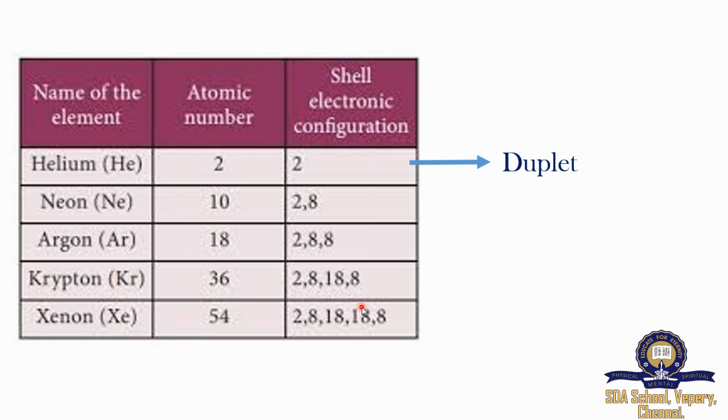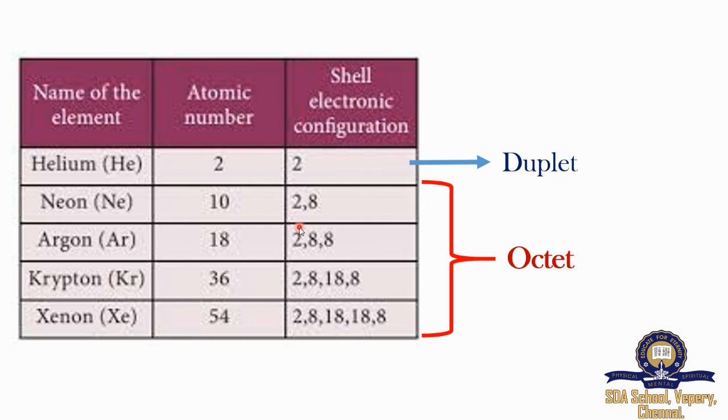This arrangement is called octet. All the noble gases except helium obey the octet rule, whereas helium is the only noble gas which holds the duplet structure.